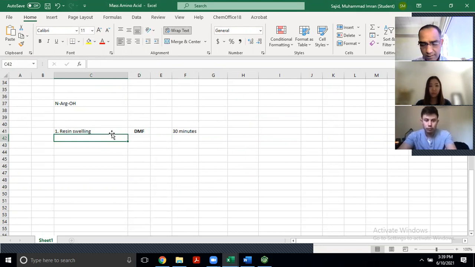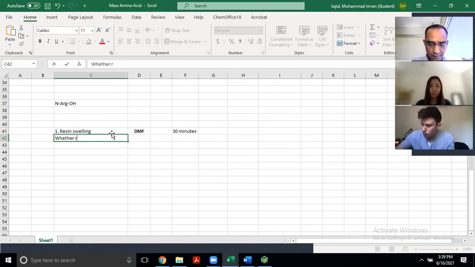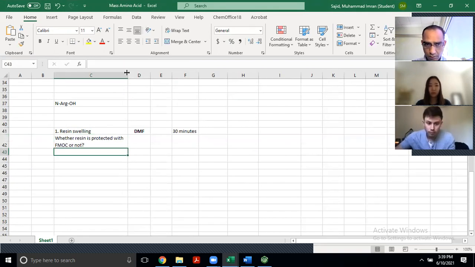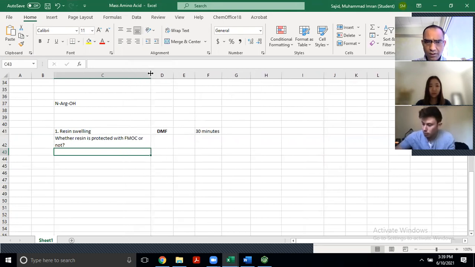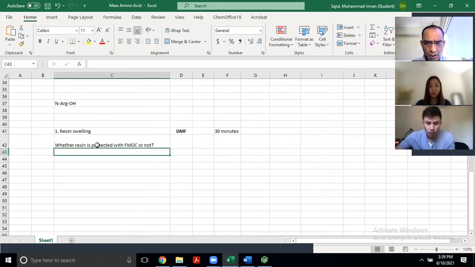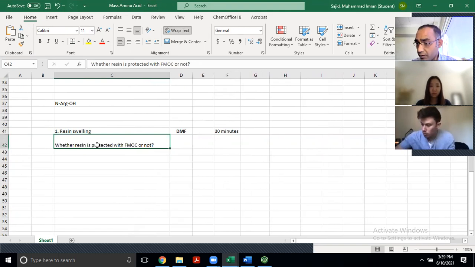After resin swelling, we have to see whether the resin is protected with Fmoc or not. You do the Kaiser test? No, there is no need for a Kaiser test at this moment. We just have to see, and it is written on the bottle whether it is protected or not.